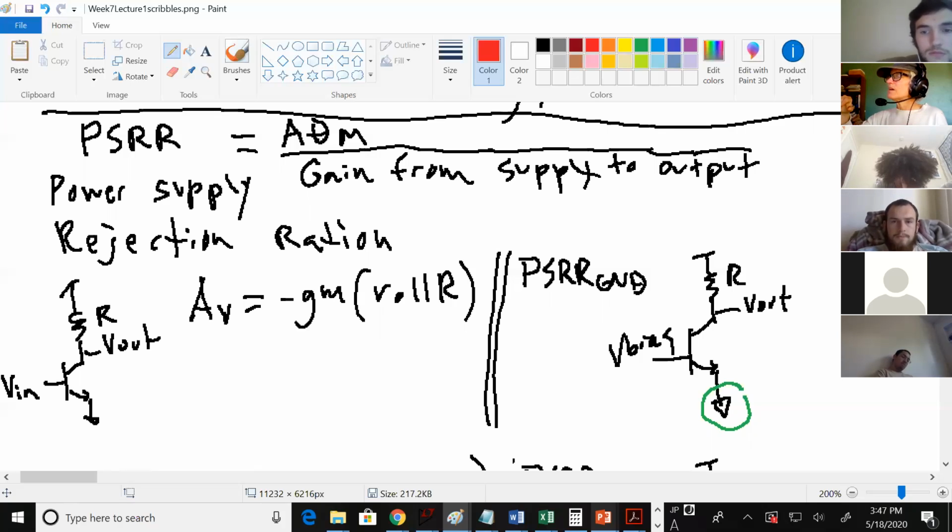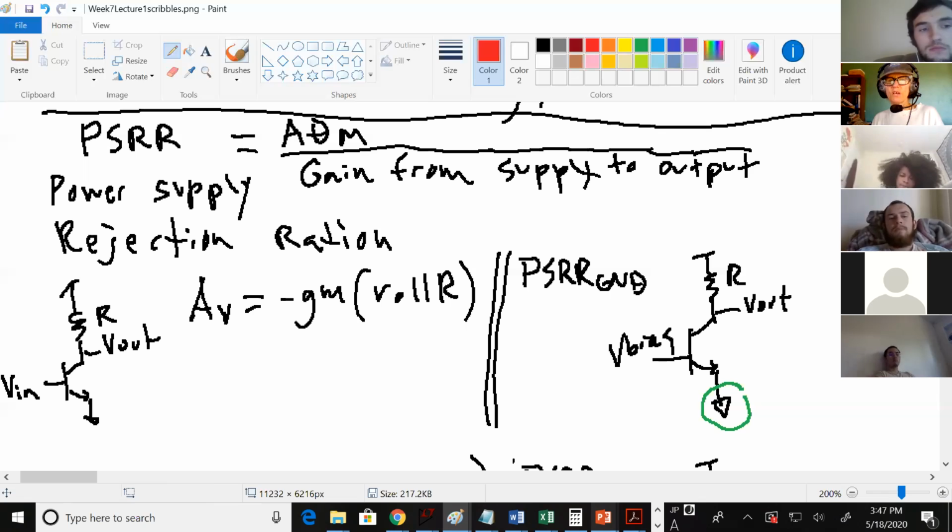So it's one of the power rails. What is in the denominator is: if there's noise on the ground, how much shows up on the output? Let's say there's a 1 millivolt ripple in ground. How much does that get multiplied by and show up on the output?